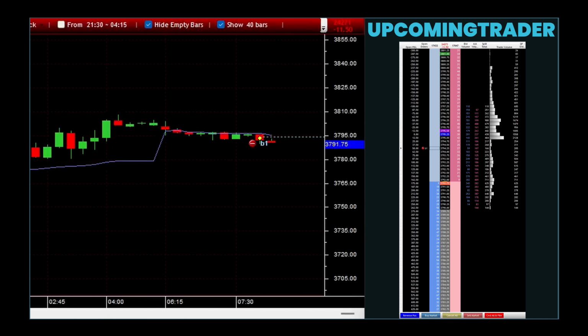Lastly, staying patient and disciplined and waiting for confirmation before making trade decisions based on the inverted hammer pattern can significantly reduce the risk of premature entries. In the realm of trading, the inverted hammer candlestick pattern plays a pivotal role in signaling potential bullish reversals, especially after a downtrend.